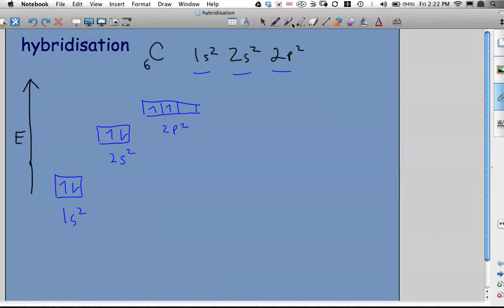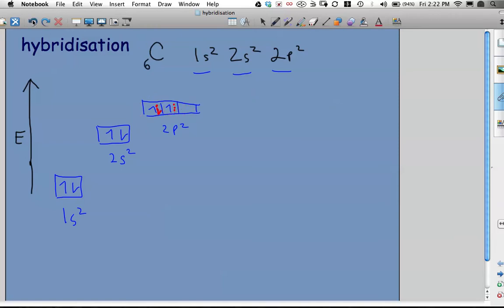Now, if you look at this in terms of covalent bonding, you could make a covalent bond here, or a covalent bond here. And then you could have a dative bond here. Remember dative bonds? So you could have 1, 2, 3 bonds. Only 3 bonds.